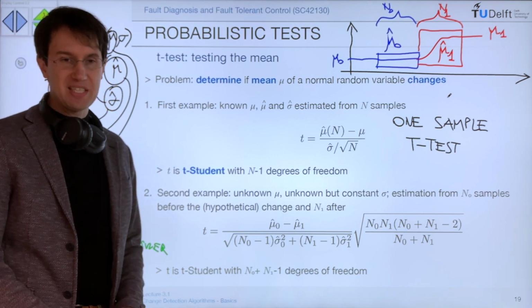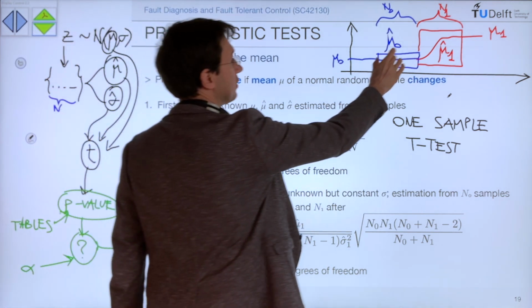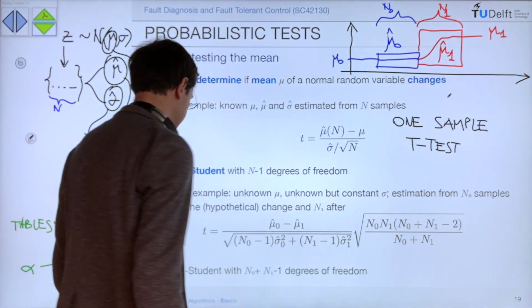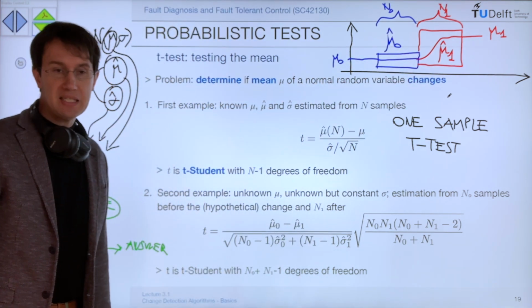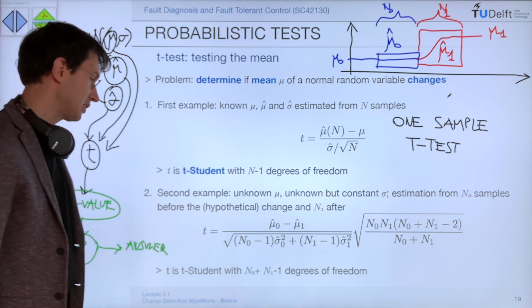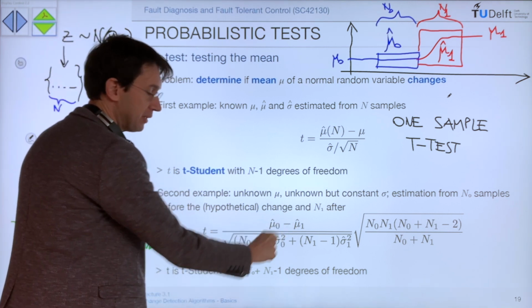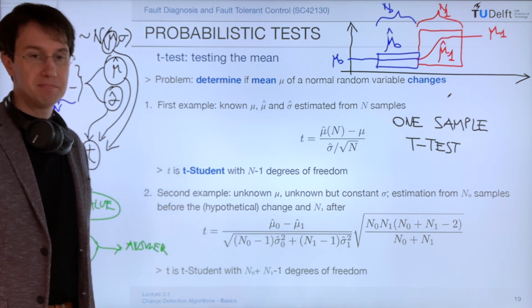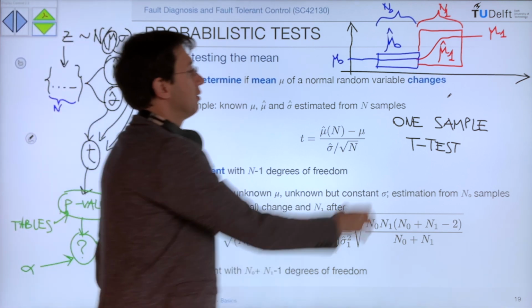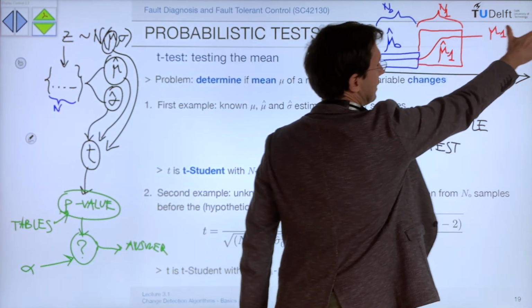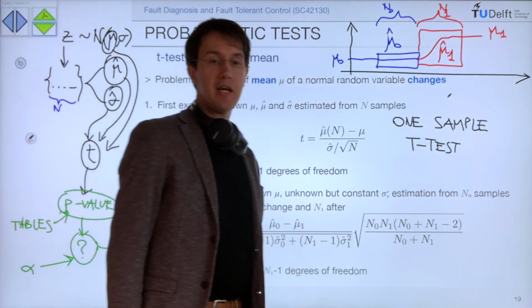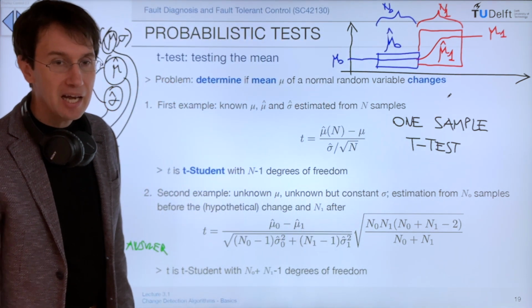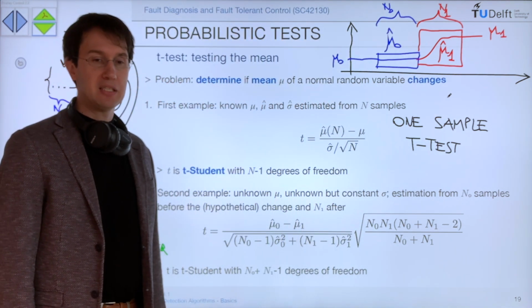So what happens? As we said, when both windows are on the left, the test will not reject the hypothesis because both the empirical means are pretty much the same. When both time windows are on the right, well after the change happened, again the hypothesis will not be rejected.